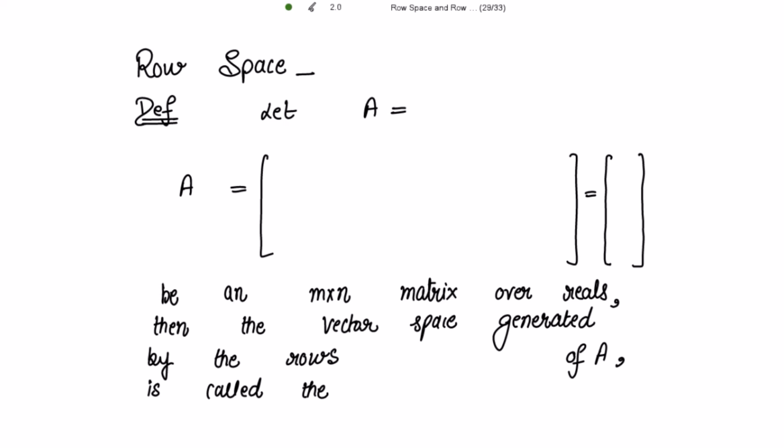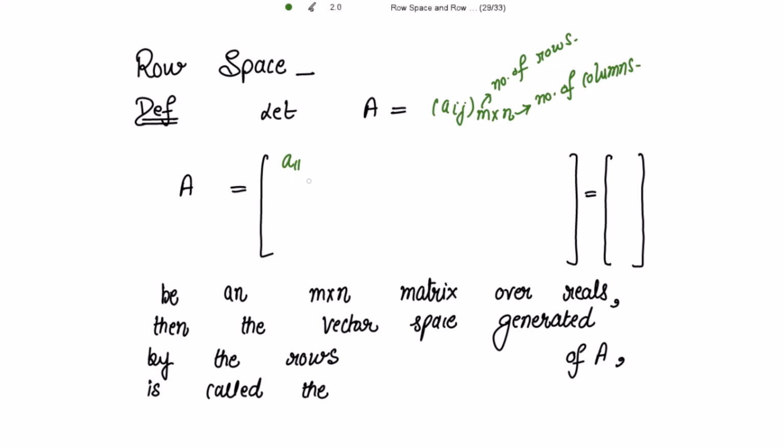So the definition for the row space: let A be your m by n matrix having m rows and n columns, right? And A in matrix form can be written as A11, that is the element present in the first row and first column. Here m represents the number of rows and n represents the number of columns.